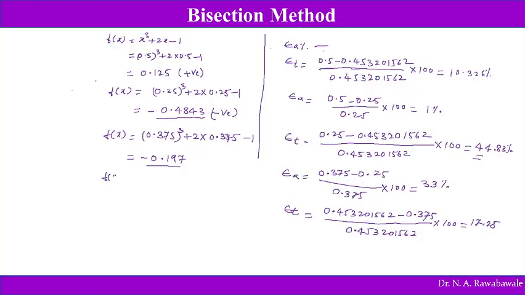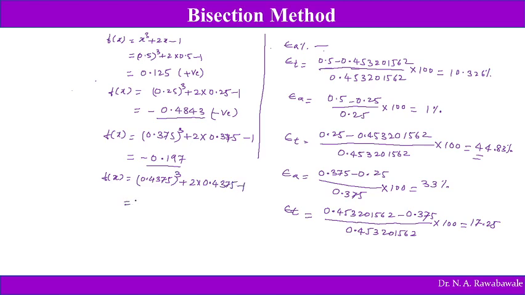By substituting this 0.4375, f of x is equal to 0.4375 to the power of 3 plus 2 into 0.4375 minus 1.